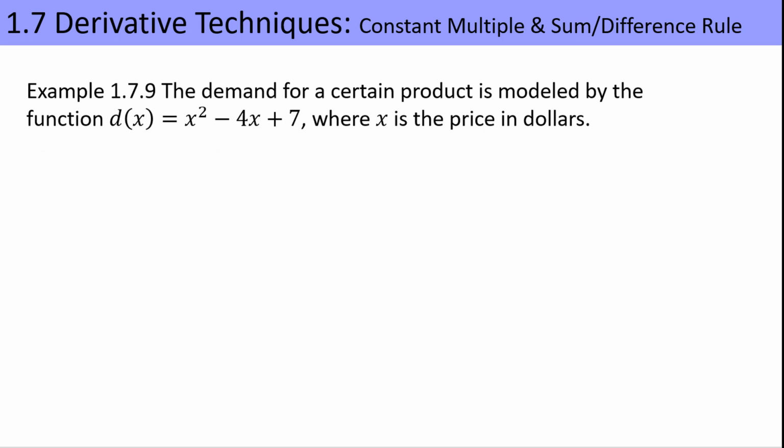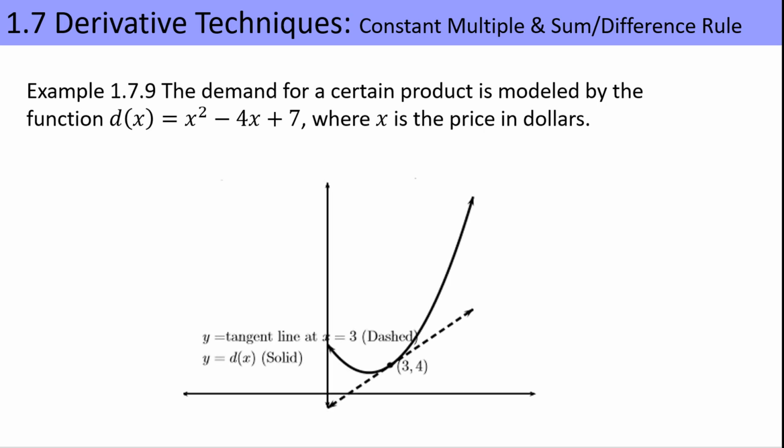Let's now consider the graph of the demand function and the graph of the tangent function. The demand function is the parabola, and the tangent is denoted by the dashed line. Let's observe that at the point (3, 4), the tangent line is increasing, and so that indicates that at that particular point, the demand is increasing.